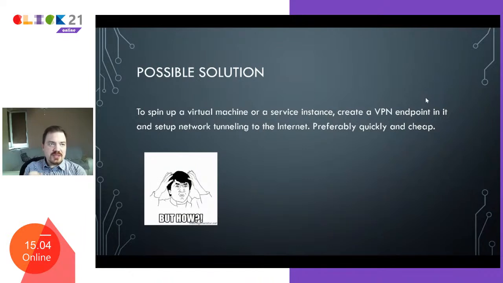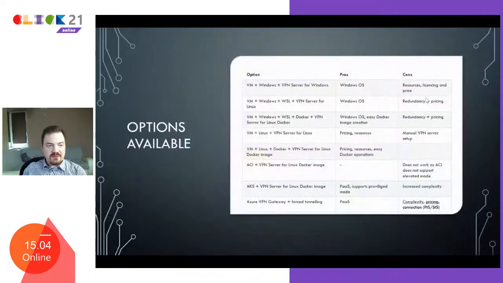You have to set up the tunneling to make the internet open for your VPN connection. So it preferably should be quick and cheap, right? Let's see how we can do this and what possible options we have.